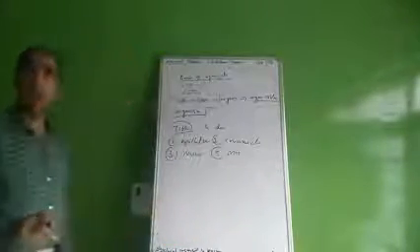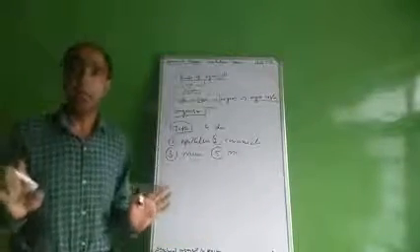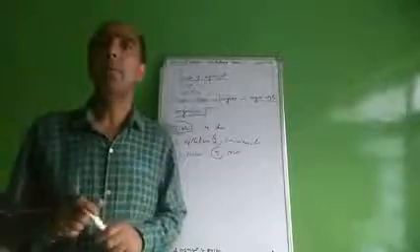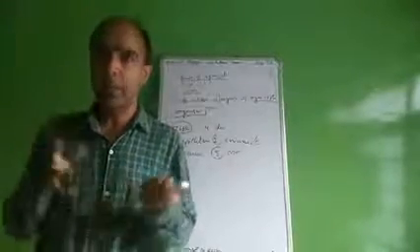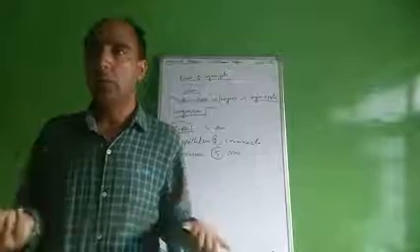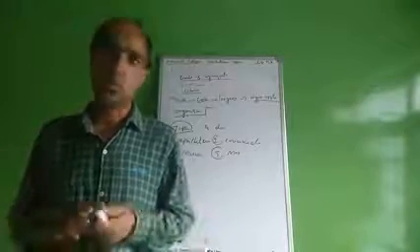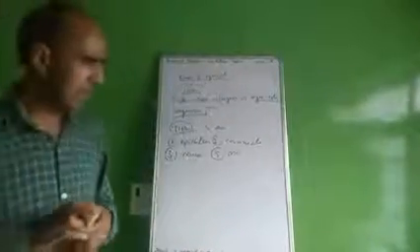So the animal body is made up of four different types of tissue: epithelial, connective, muscular, and nervous. First we describe the epithelial tissue.